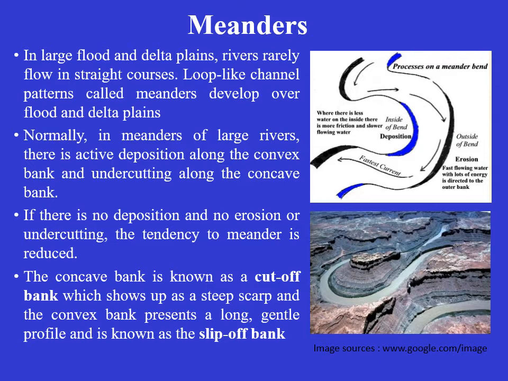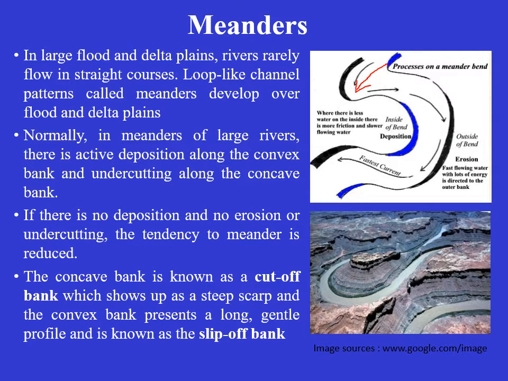So if you look at the steepness or slope of the two banks, the concave bank is much steeper, almost a vertical bank wall, whereas the convex bank is the depositional bank, and here the slope is much gentler and towards the channel. So all the layers deposited in the convex bank show inclination towards the channel.